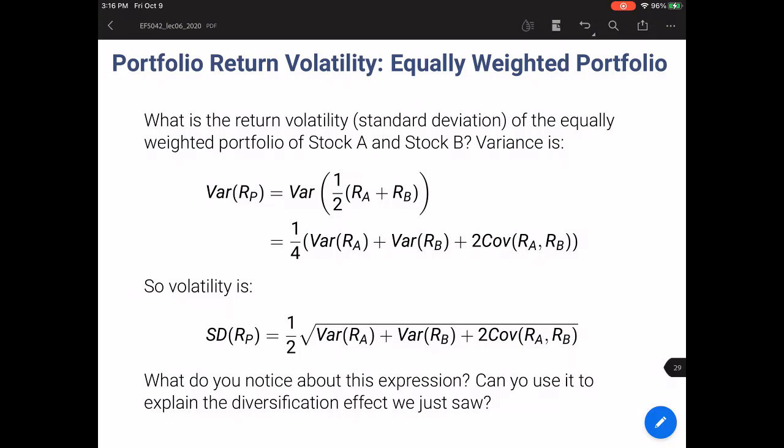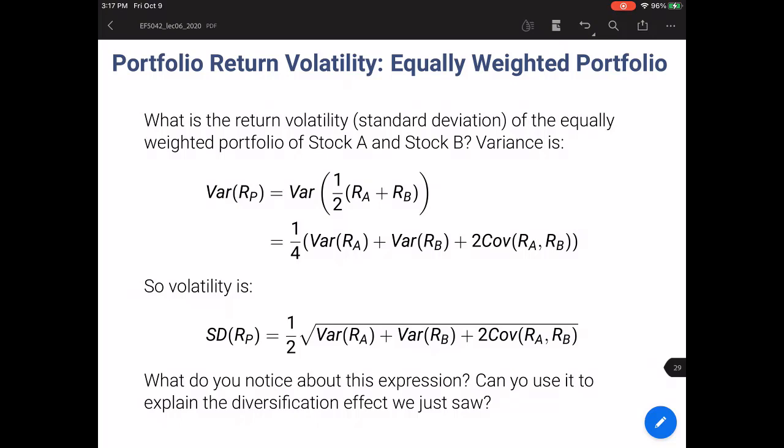So if we look at this definition here, in the two asset case, we have the variance of the portfolio equal to the variance of 1/2 times RA plus RB. So this is the case in which we have equal weights in stock A and stock B.